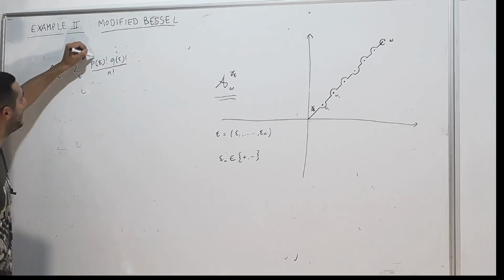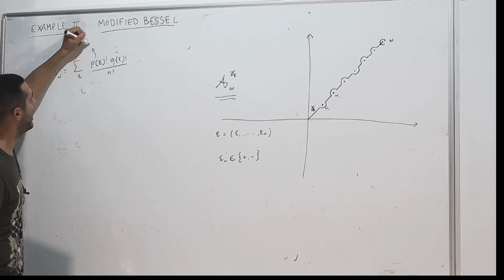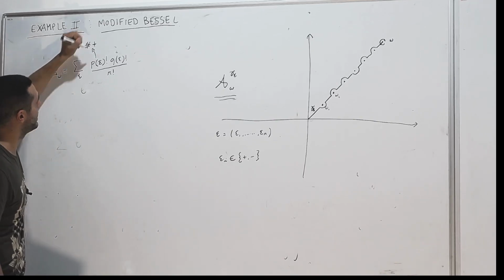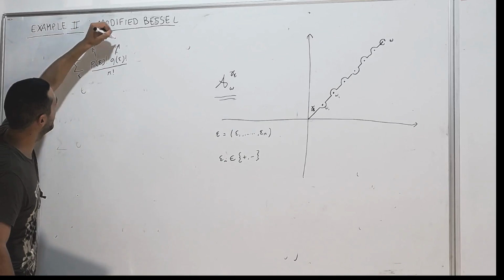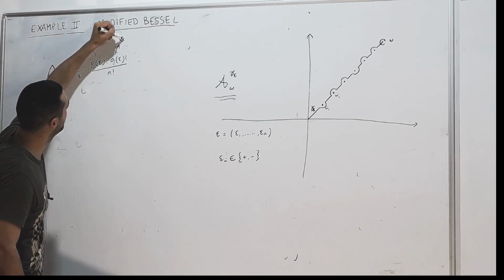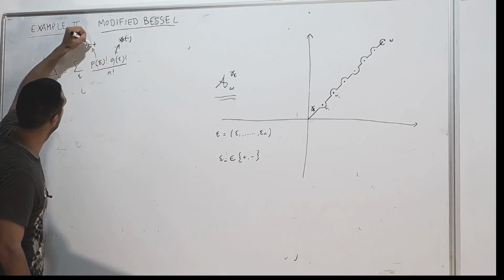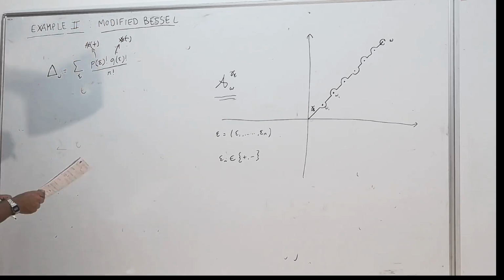So P of epsilon is the number of pluses in epsilon, and Q of epsilon is the number of minuses in epsilon.